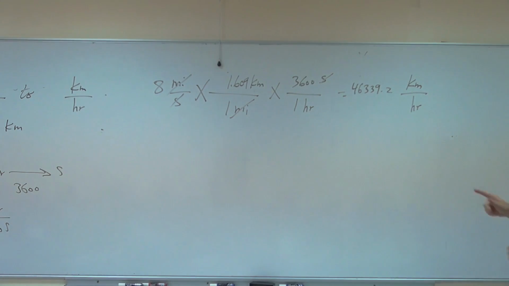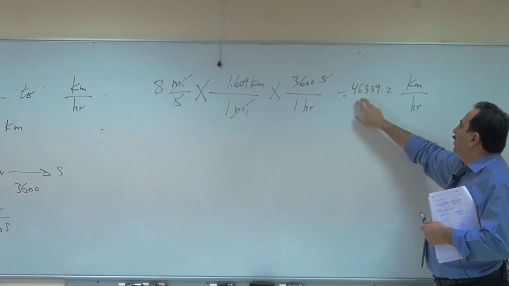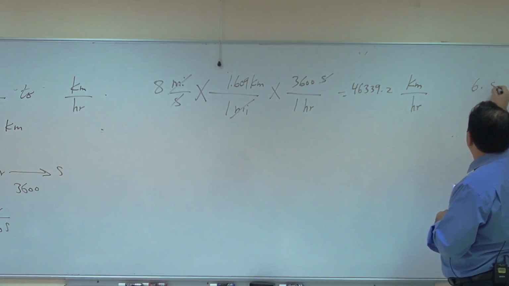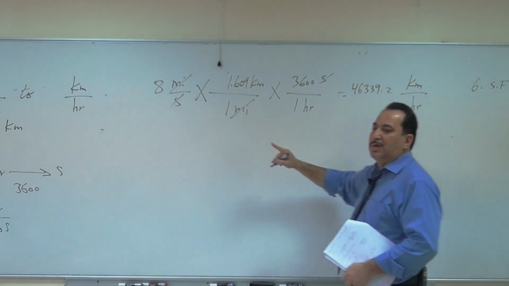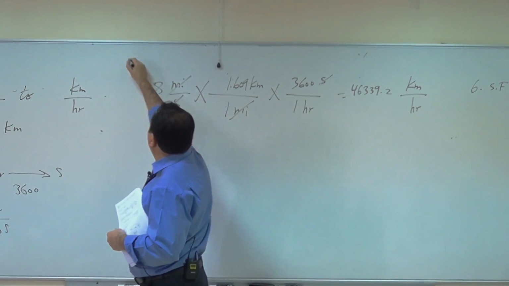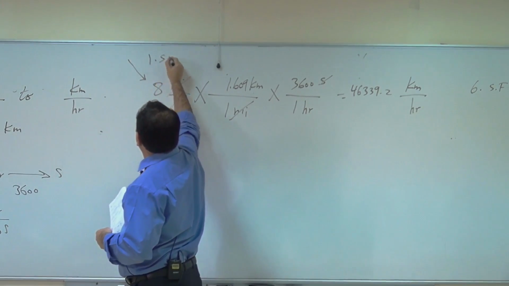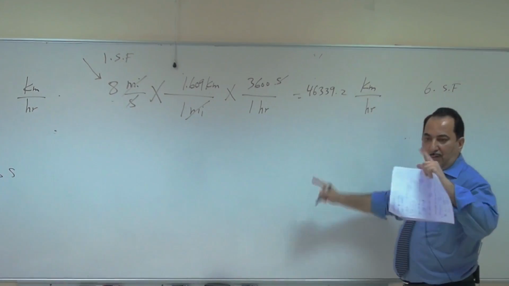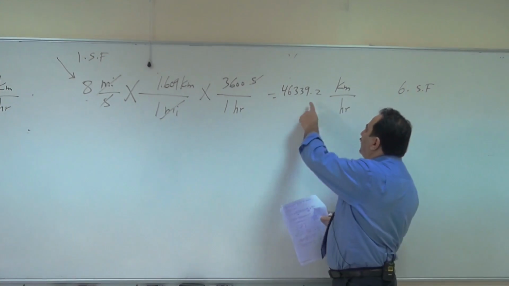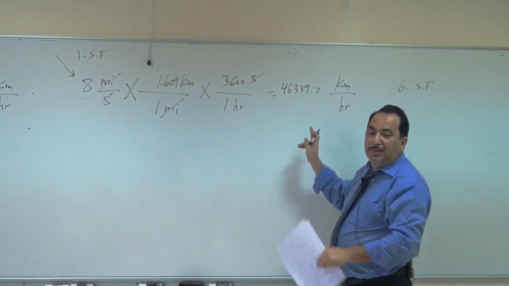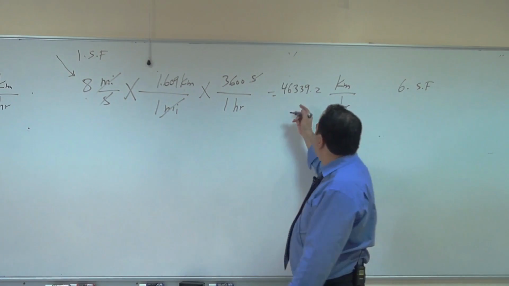Do you accept this as an answer? No. Why not? Because how many significant figures do you have? No, here, 2, 4, 5, 6. This is 6 significant figures. But the question asks for 1 significant figure. 1 SF. So you have to round this one to 1, yes? But before you do that, okay, you need zeros, yeah? Change it to scientific notation first.